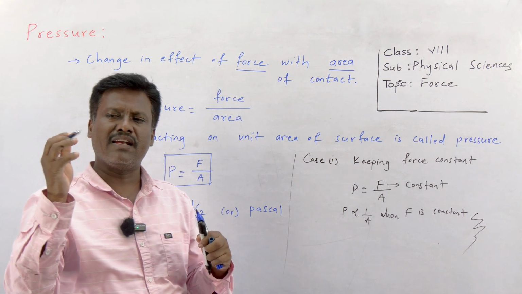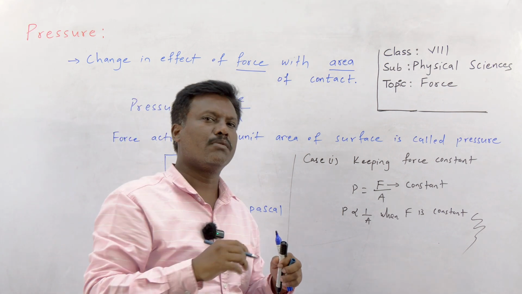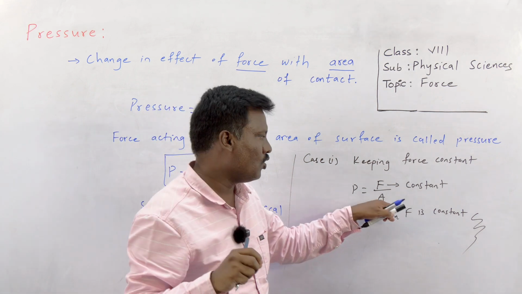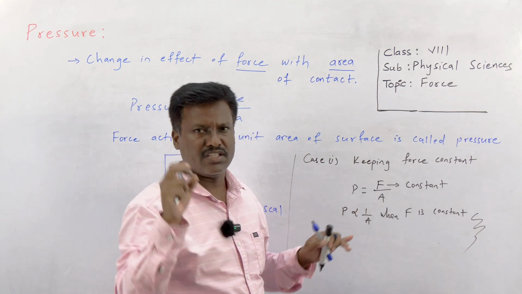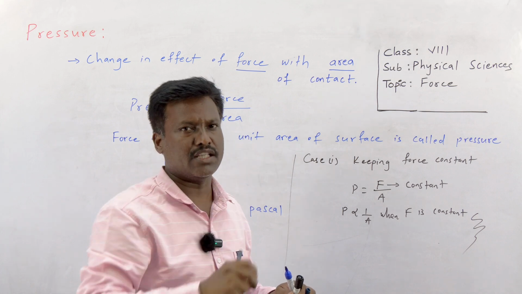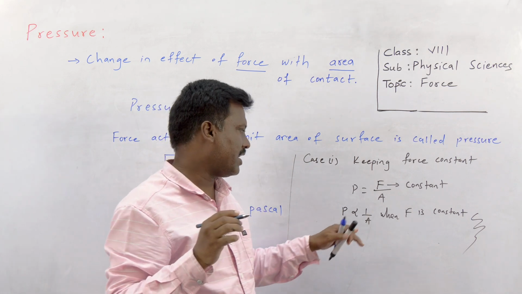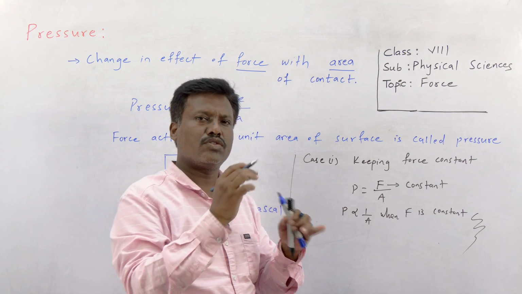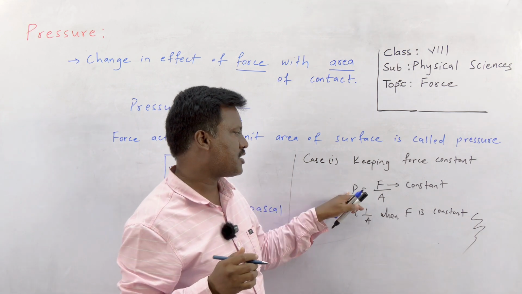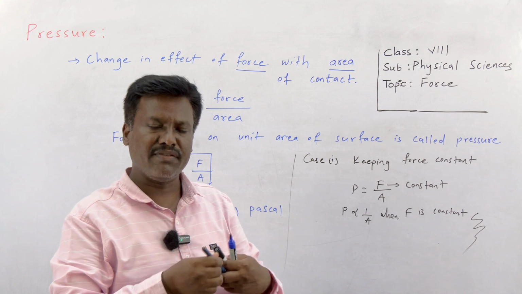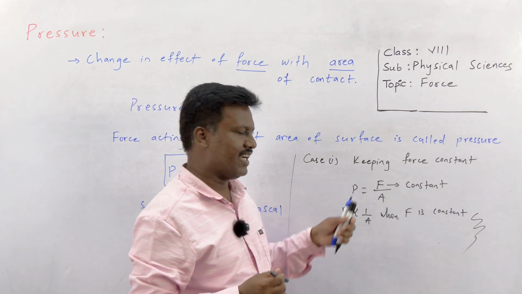This small pin exerts more pressure on the balloon, but the finger with more area exerts less pressure, so the balloon doesn't burst. But with this pen, the area is very small, and when area decreases, pressure increases, so the balloon bursts. Okay, some other daily life examples we will discuss regarding this.